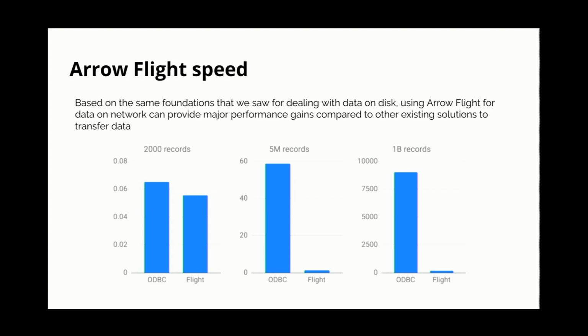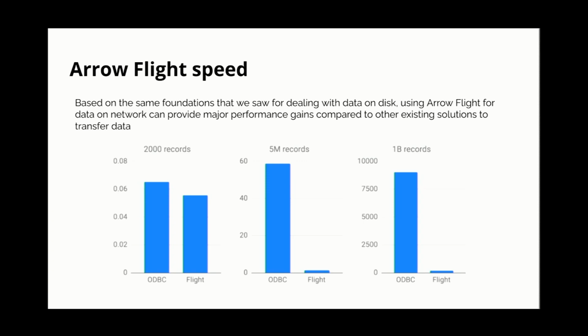If we use Flight for the same exact operation, loading that data from the database into your software, it's going to take orders of magnitude less. So we are comparing thousands of seconds to 1 to 3 seconds or something like that.